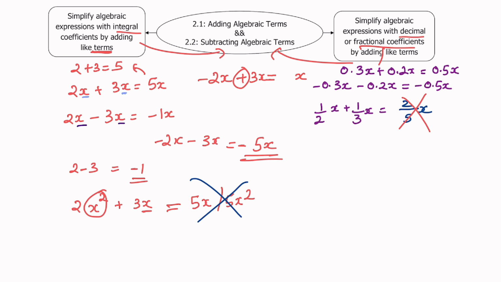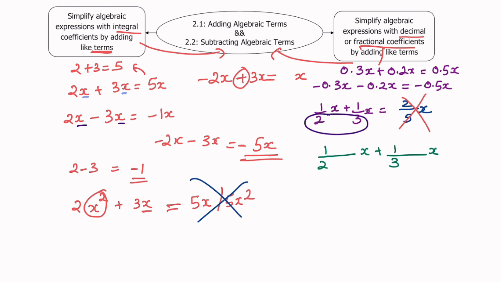When you have to add or subtract fractions, your denominator has to be the same. If they are not the same, you cannot add or subtract fractions. So how do we solve this? 1 by 2x plus 1 by 3x.